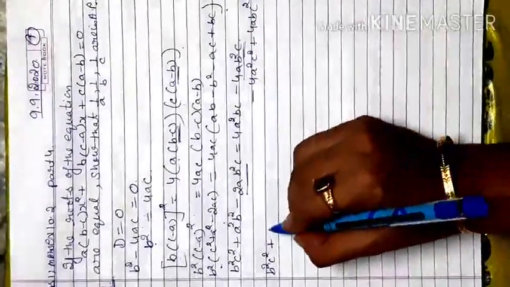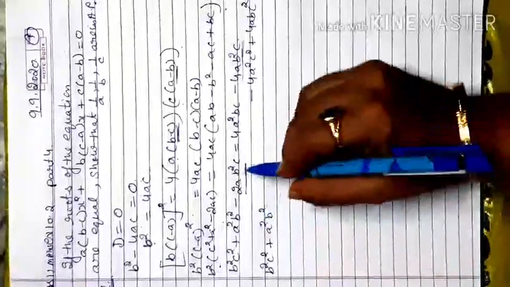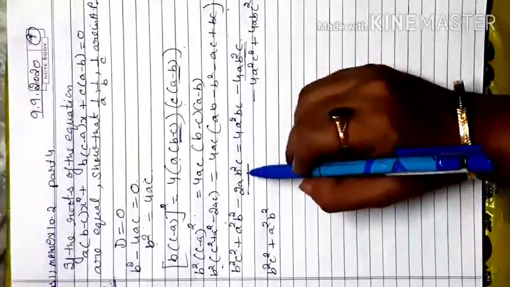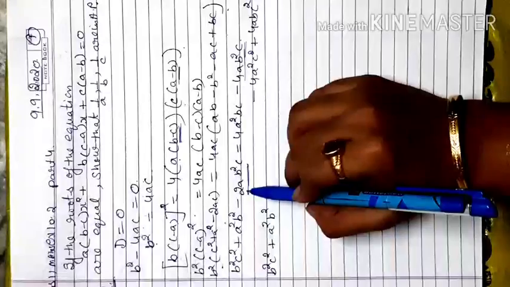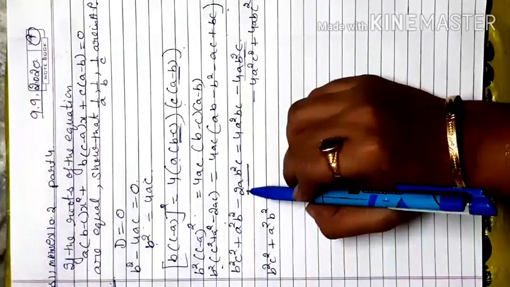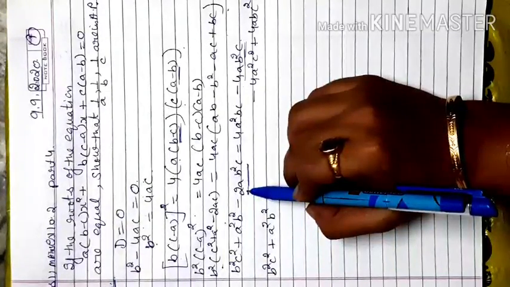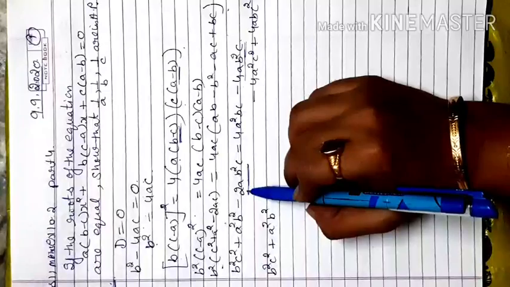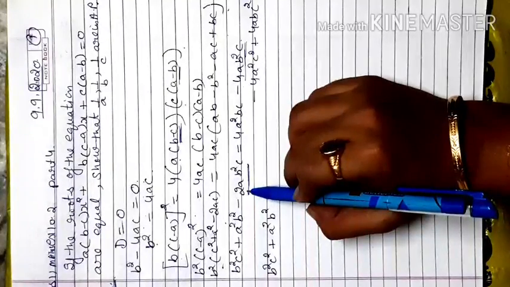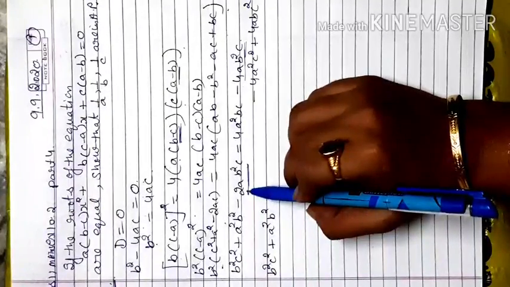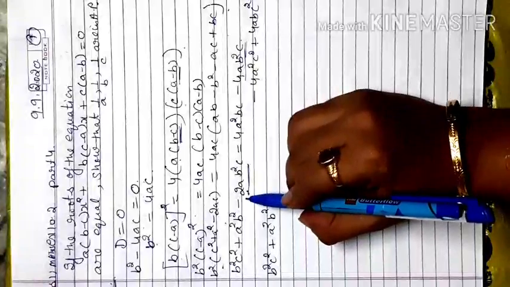So I write the other term as it is, a square b square minus 2ab square c, and when moved to the other side, minus 2 and plus 4ab square c, so that becomes plus 2ab square c.